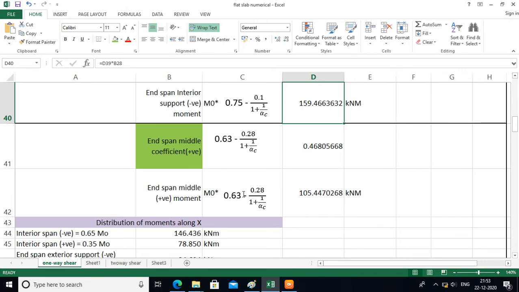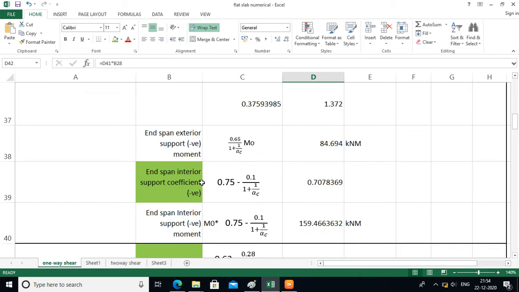This coefficient is 0.468 multiplied by M0, that gives us the magnitude of moment as 105.447 kilonewton meter. And in this way, with the help of the IS code direct design method, we can find out the magnitude of moments at various spans for the exterior and interior panel.